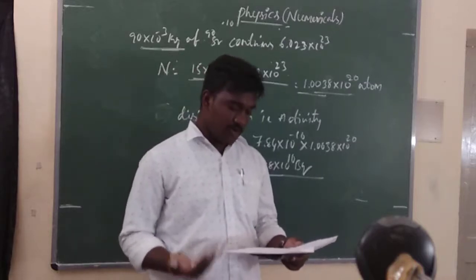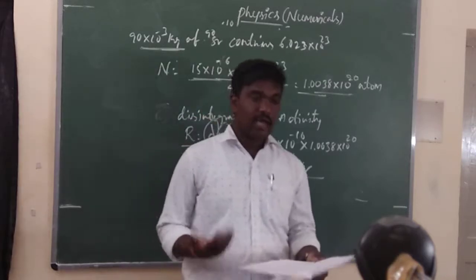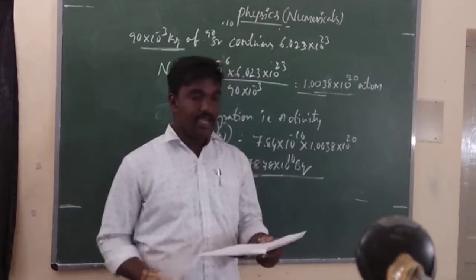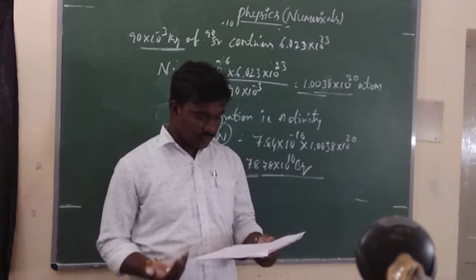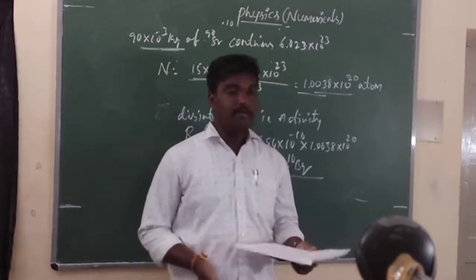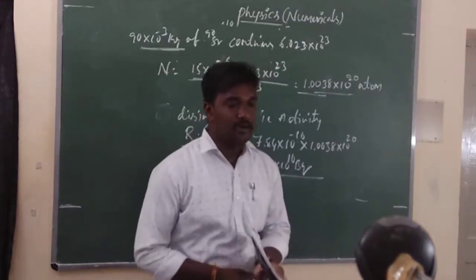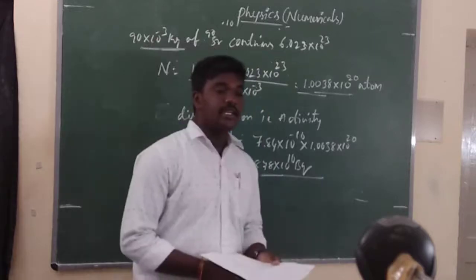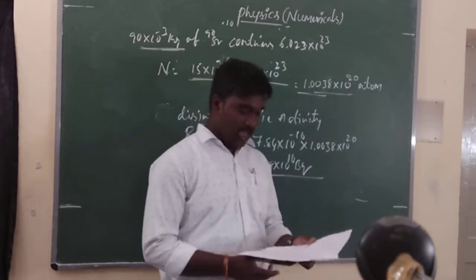Don't worry, I will send this PDF, you don't need to write it down. Calculate its decay constant and mean life. You know the formulas of half life and mean life. Here we have to calculate the decay constant lambda and the mean life tau.